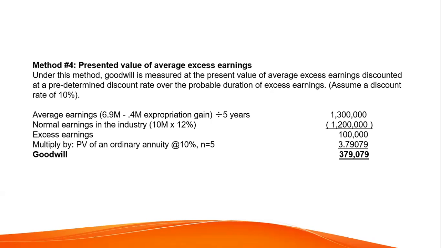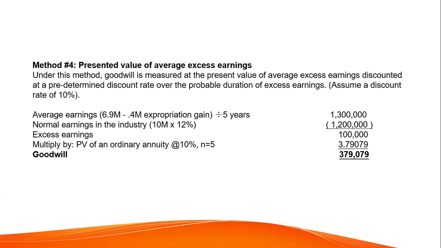Assume a discount rate of 10%. Again, we have to use the average earnings as computed of 1.3 million. We have the normal earnings in the industry at 12%.